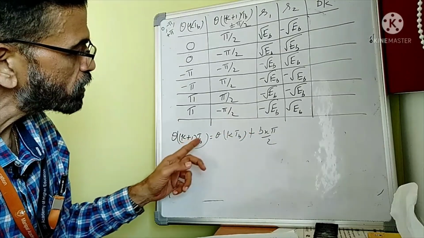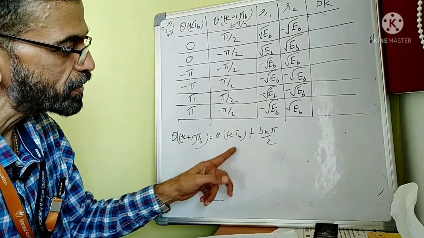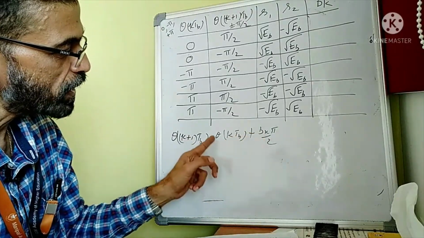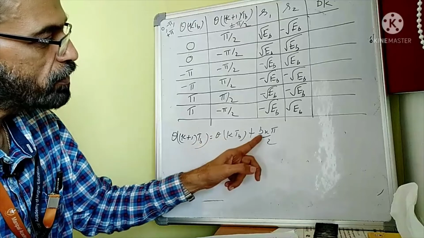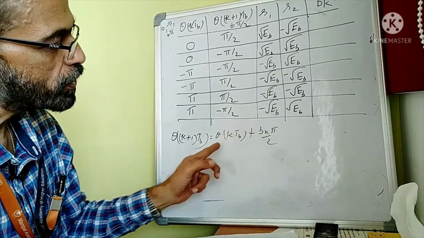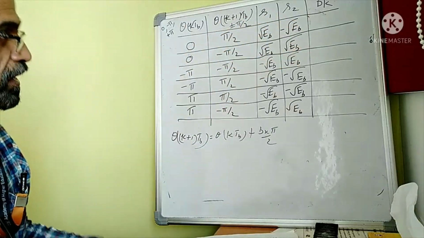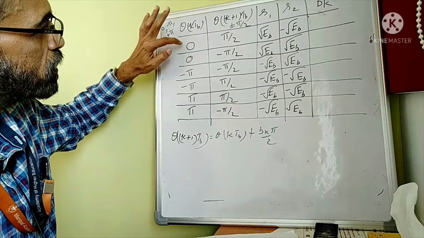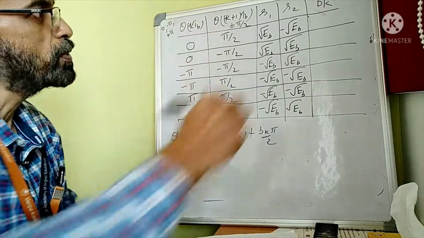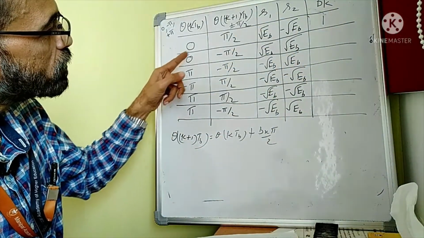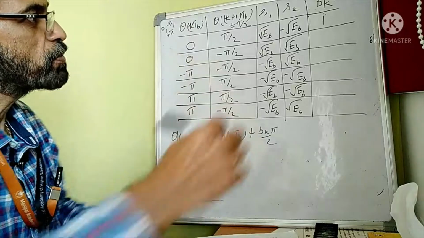And whenever theta k plus 1 tb is pi by 2 less than theta k tb, bk is minus 1. So if bk is 1, pi by 2 gets added to this and that becomes this. When bk is minus 1, pi by 2 gets subtracted, and that's theta k plus 1 tb. So from that we can easily see that since it has increased from 0 to pi by 2, bk is 1. It has decreased from 0 to minus pi by 2. It has decreased by pi by 2.